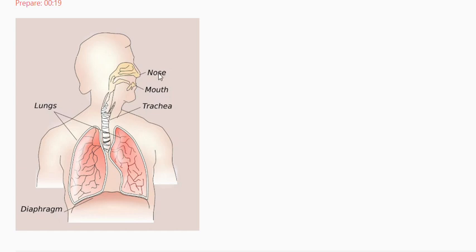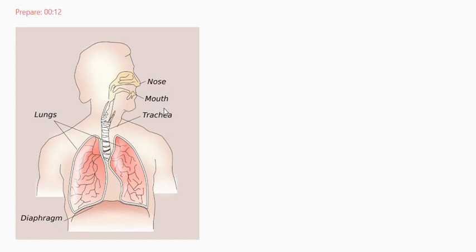Anatomy. Okay. Nose, mouth, lungs, diaphragm. Anatomy of the respiratory system. In the upper part, there is the nose and mouth that take in air. The image in front of me represents the anatomy of a human with the respiratory system.